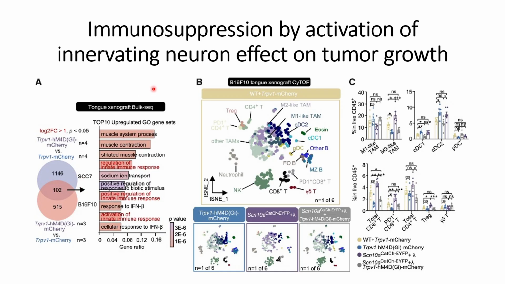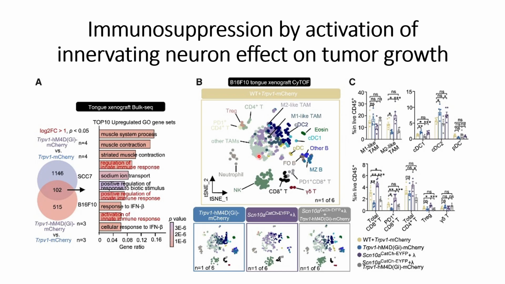Afterwards, they did mass spec analysis of the B16F10 tongue xenograft using the tumor-derived lymph node to find out what kinds of cells are present within these tumors, and they made a plot to find different populations of cells. They did this analysis for four different conditions.